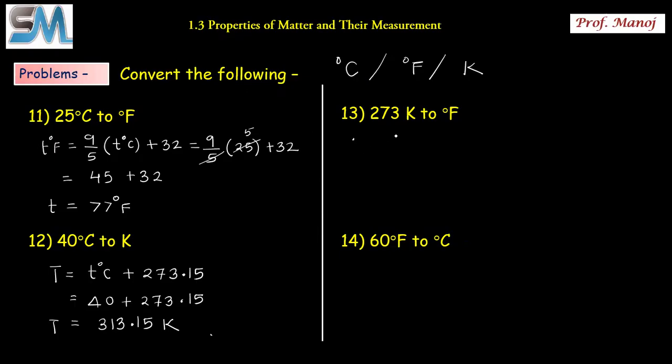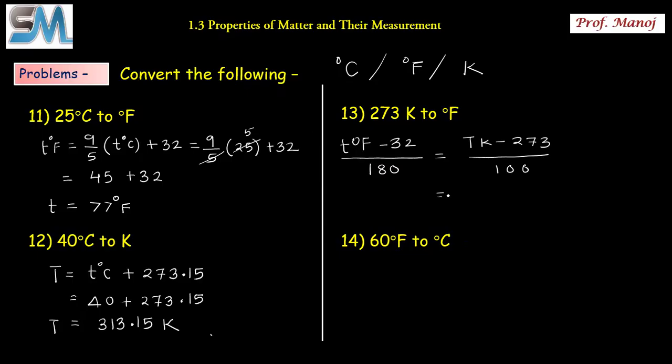Now the conversion is given from Kelvin to Fahrenheit. You know, there is no direct relation. You might have to do 2 steps. So recall the shortcut which I gave you on the previous screen. Temperature in Fahrenheit minus 32 divided by 180 is temperature in Kelvin minus 273 divided by 100.